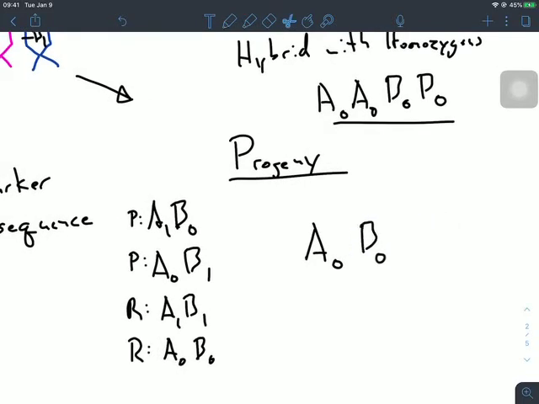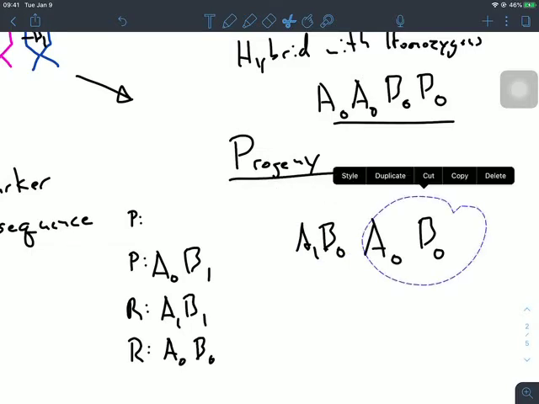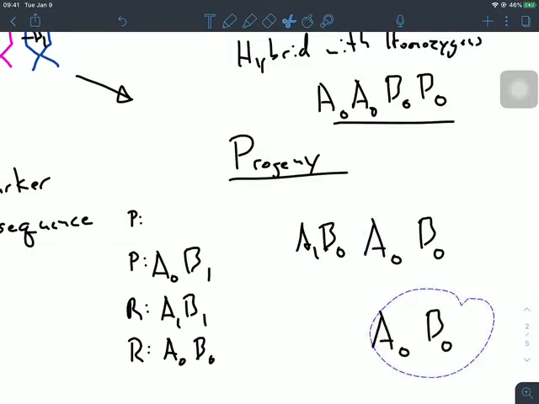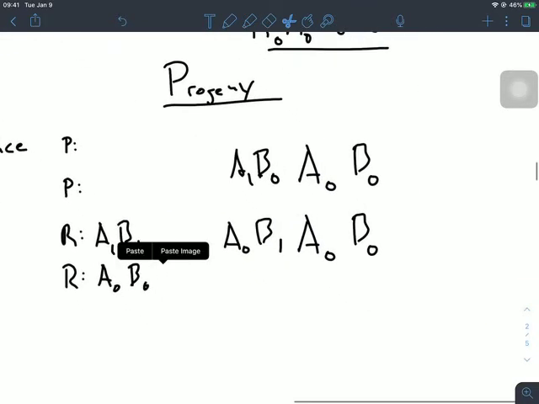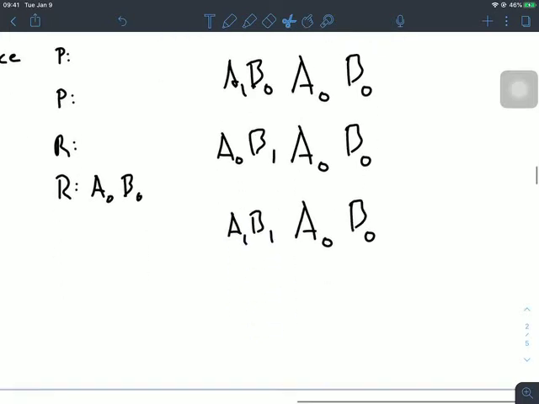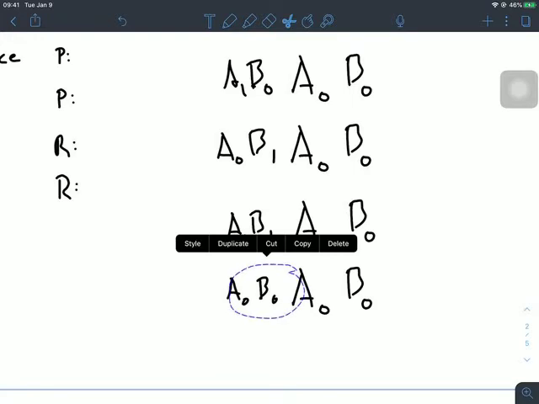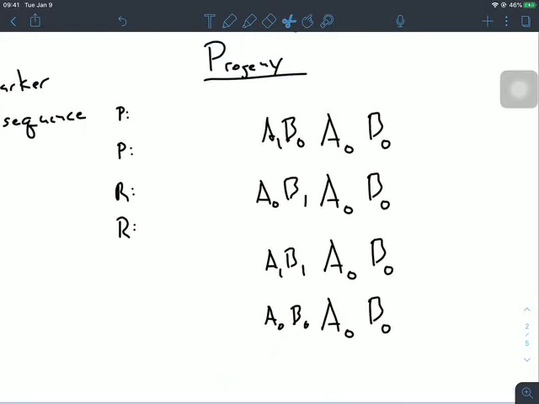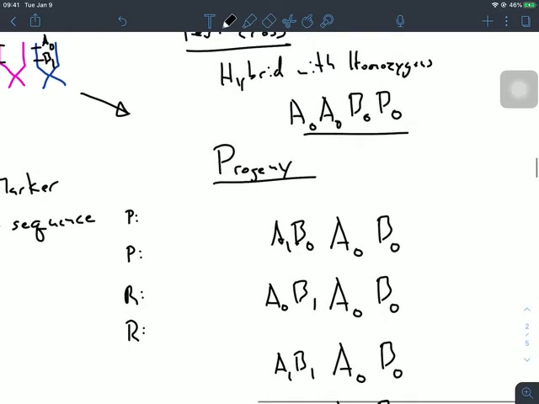If I am pairing my test cross with this parental, I am going to pair my test cross again with this parental. I am again going to be pairing my test cross with this recombinant and my test cross with this recombinant. These are your 4 possible progeny made from this test cross.